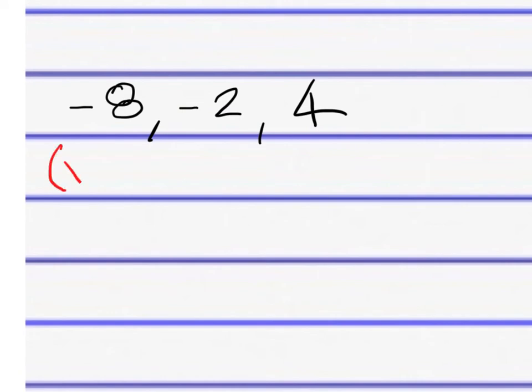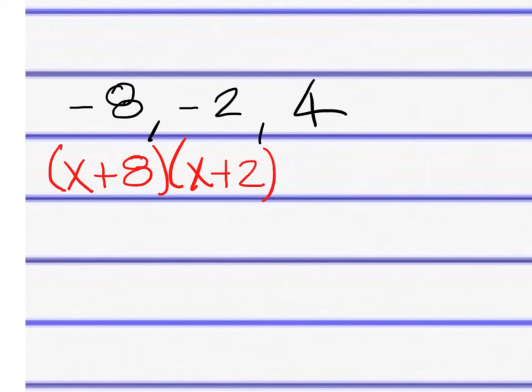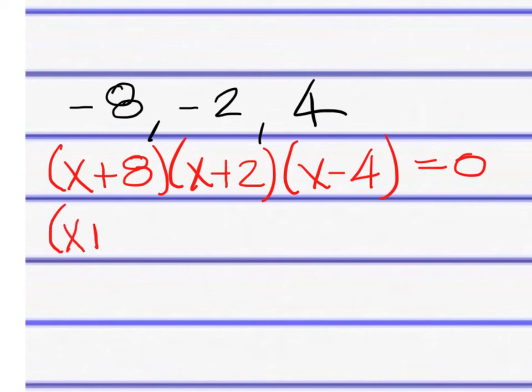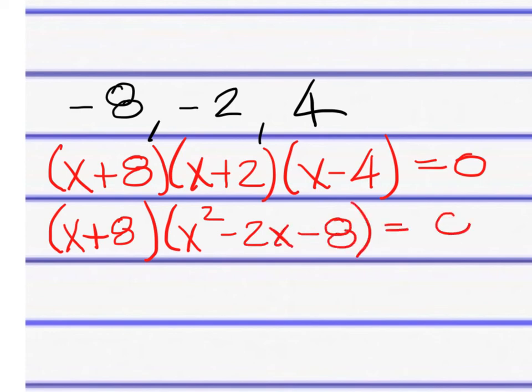For this one we will have x plus 8, x plus 2, and then x minus 4. Setting that equal to 0. I'm going to multiply the back 2 first to come up with x squared minus 2x minus 8. And then multiply these two together to get x to the third minus 2x squared minus 8x.